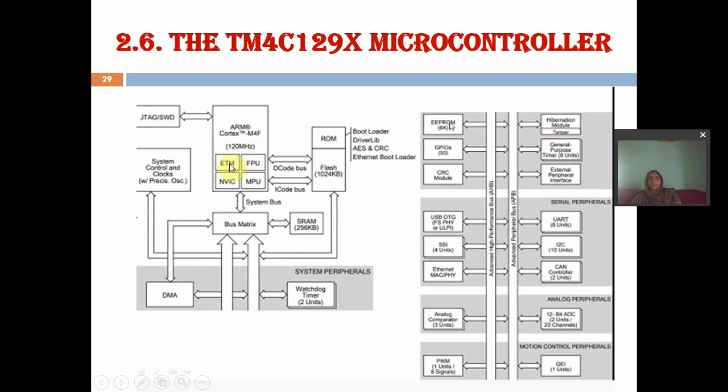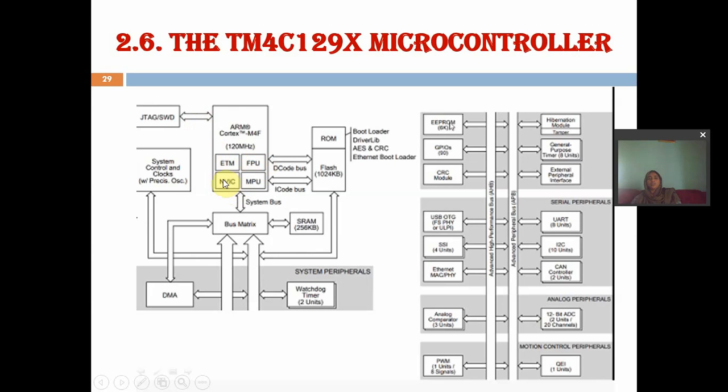What is ETM? Embedded trace macrocell. This block decodes the instructions coming from the debug. The second block is the floating point unit, which is for floating point operations. Then NVIC, the nested vectored interrupt controller.